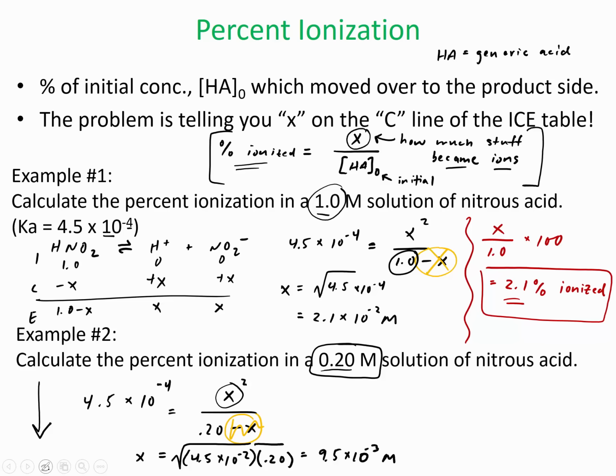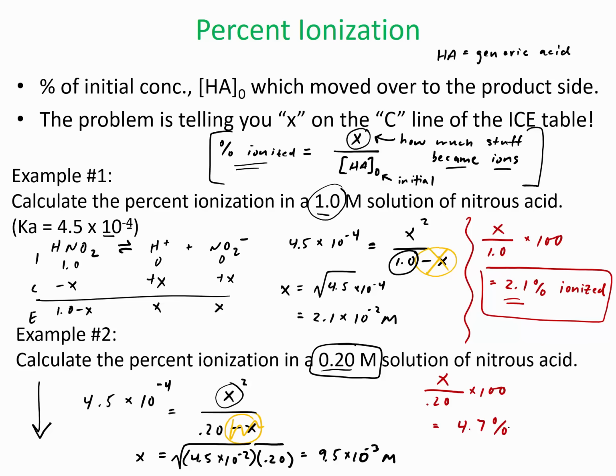Okay, and for percent ionization, I'm going to take that x and go over 0.20 times 100. So for this, I get 4.7%, which is really close to 5%.